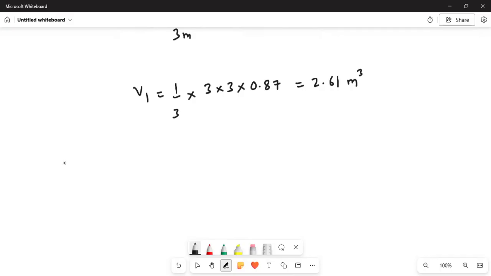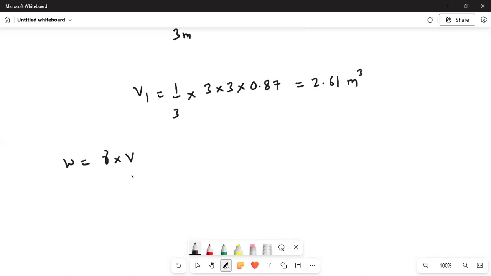You know the formula: weight equals density into volume. Do you know this formula?